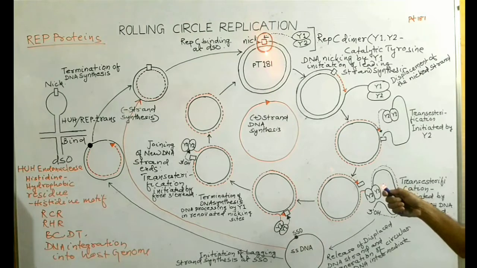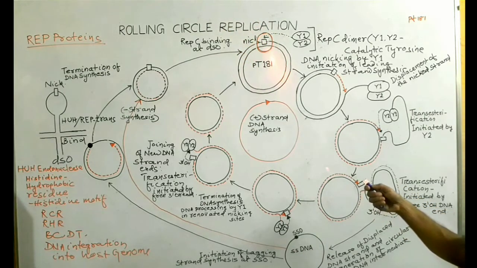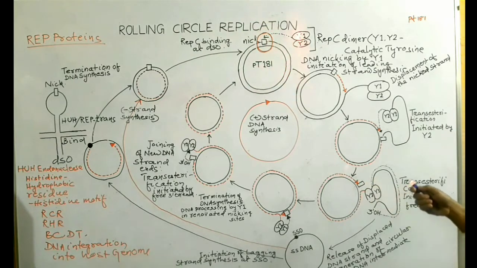The double-stranded origin is useful for initiation of replication of the leading strand. And here the replication initiator protein is RepC protein. RepC protein is a type of replication initiator protein. It exists as a dimer.